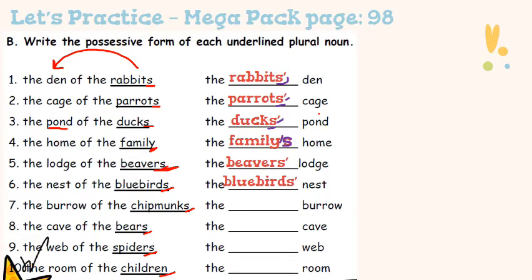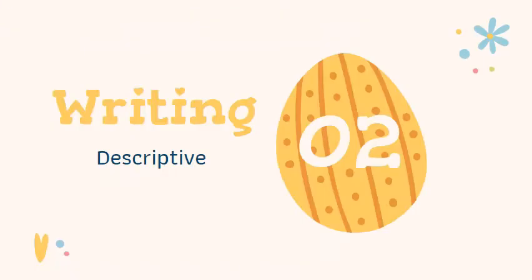The bluebirds' nest. The burrow of the chipmunks, the chipmunks' burrow. The cave of the birds. The birds' cave. The web of the spiders becomes the spiders' web. And the last one, the room of the children, becomes what? Children's room. Again, we put apostrophe, then S.